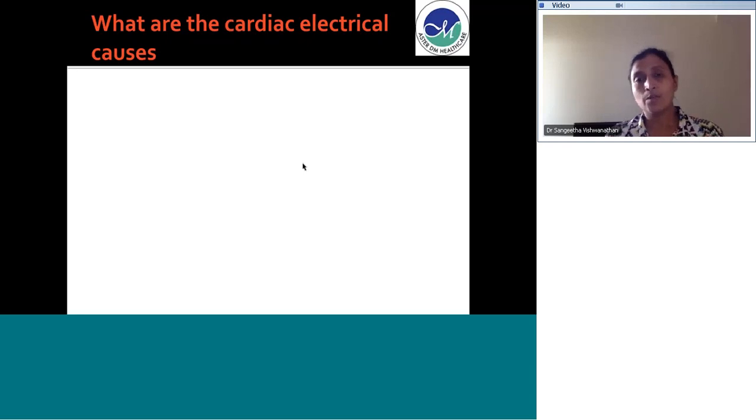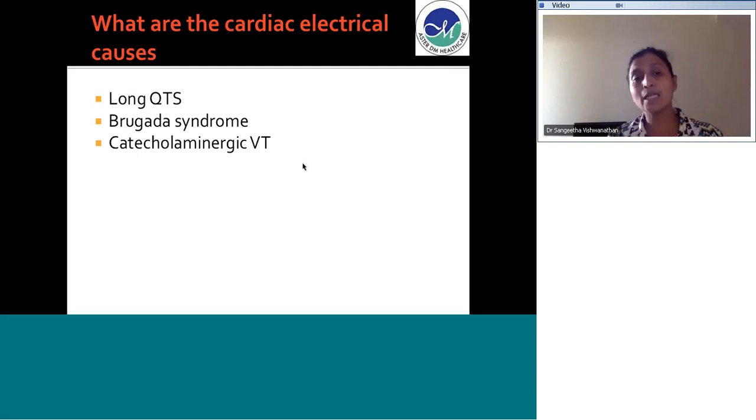So you have channelopathies like long QT syndrome, short QT syndrome, Brugada syndrome, and there is this condition called catecholaminergic VT, which is particularly sensitive to exercise. Even minor exercise, it's an autosomal dominant condition, if I'm not mistaken. You need to cross-check that.